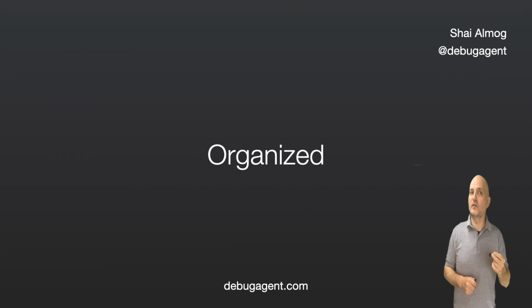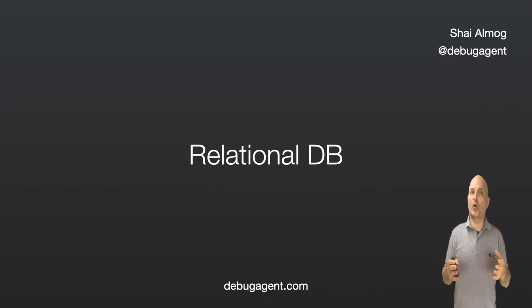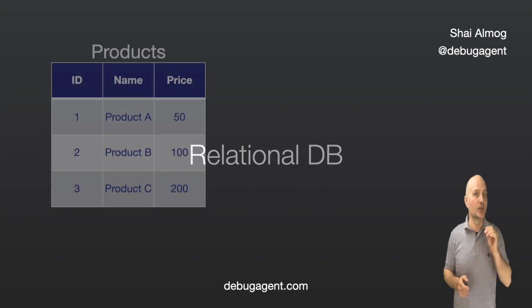Databases are organized so we don't step on each other's toes. You can do multiple things at once and the database will handle that correctly. It does that with several tools, including based on the arrangement of data. I'll focus on relational DBs because it's the most common type of database and they're actually pretty great.